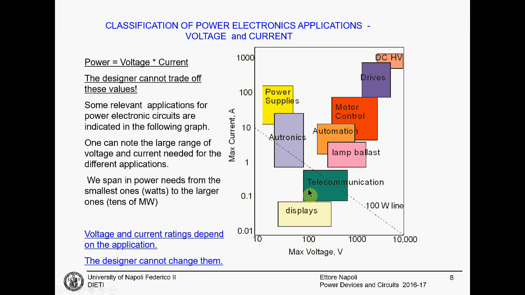And then telecommunication, lamp ballast, automation, motor control drives, and this is AC voltage. Power energy transfer is at very high voltages, 10,000 volts and more. We reach million volts, and the current is in the order of thousands of amperes.